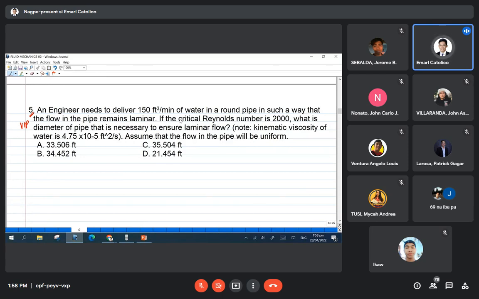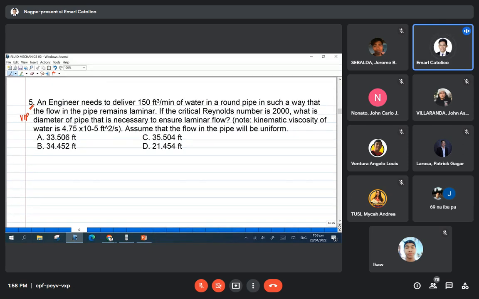If the critical Reynolds number is 2000, what is the diameter of pipe that is necessary to ensure laminar flow? So take note that the kinematic viscosity of water is 4.75 times 10 raised to negative 5 feet squared per second, and assume that the flow in the pipe will be uniform.